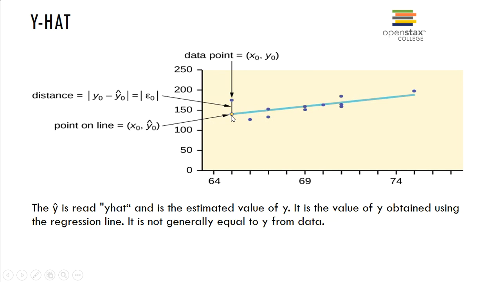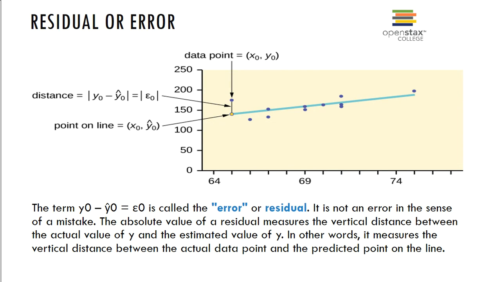I've made a point on the line of best fit that really doesn't exist, but I'm using it as an estimate. As you can see here, this is the actual value, and this is the value for the best fit, the y hat.